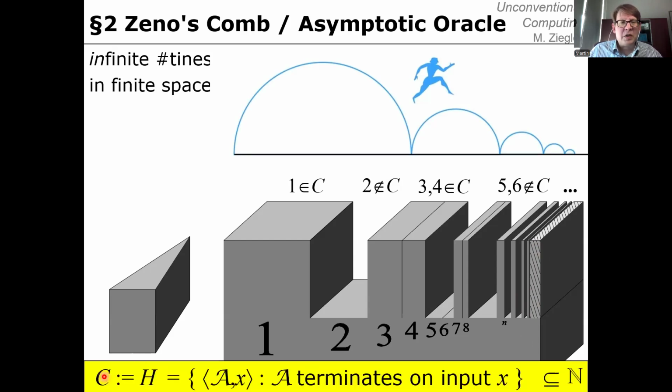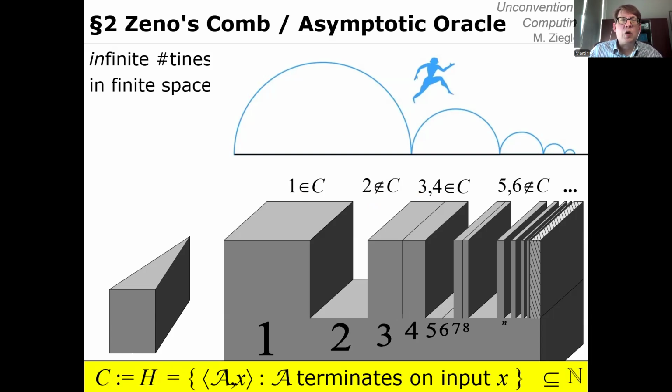So previously, we considered a special comb with one present, two absent, three and four present, and so on. And now we moved on to a different comb with one present or absent depending on whether one is an element of the halting oracle, two present or absent, depending on whether two is an element of this halting oracle or not, and so on. And so in this way, we can encode the infinite halting problem as a subset of natural numbers into one Zeno's comb.